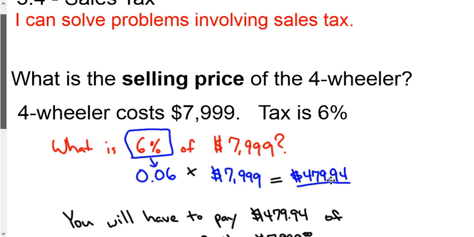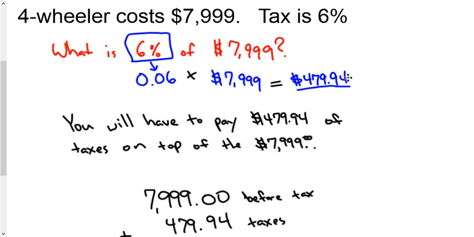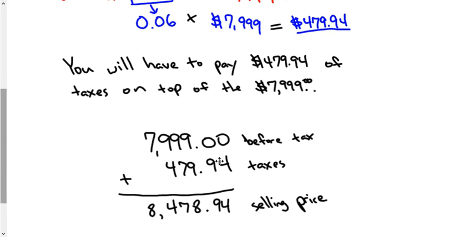Your answer here is just the amount of taxes that you're going to have to pay. So again, that answer is not your final step to the problem, it's just the amount of taxes, and because taxes is something you pay in addition to it, you're just going to add that on. When we take a look at deductions and that sort of thing, we'll talk about having to actually subtract, but this is just sales tax. Add that onto your original price, and this is your total selling price.